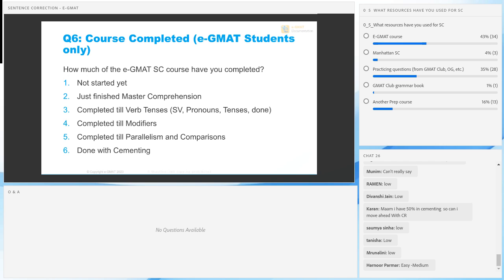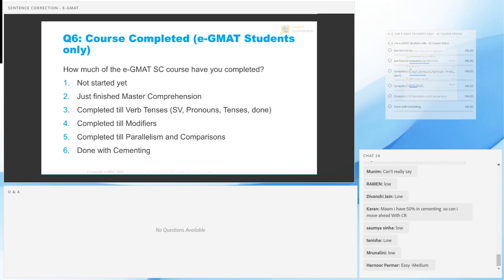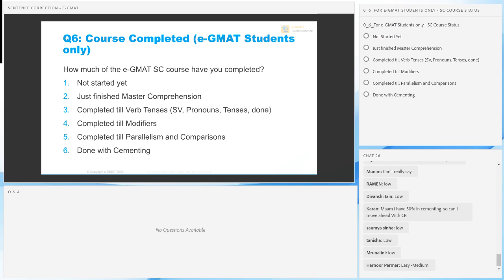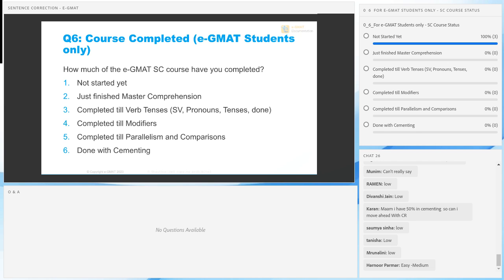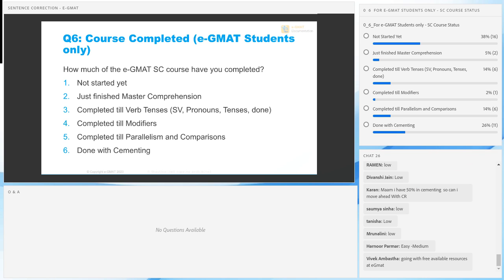So this is a question for e-GMAT students specifically. Tell me, where are you at in terms of your SC course? Okay. So folks who haven't started yet or who have completed till verb tenses, good that you are here, and that's the majority of the segment, because that way you'll be able to do course correction upfront.